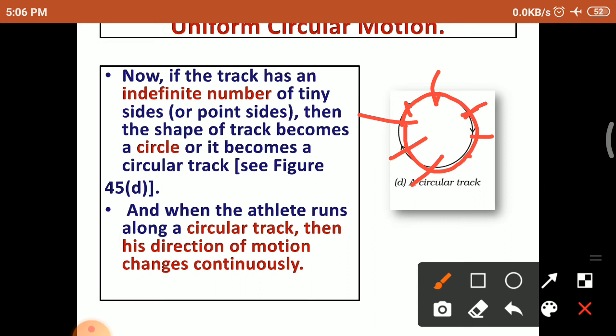An octagon has 8 corners. But a circle has an infinite number of sides. So due to that, when the athlete runs through a circular track, his direction of motion is continuously changing.